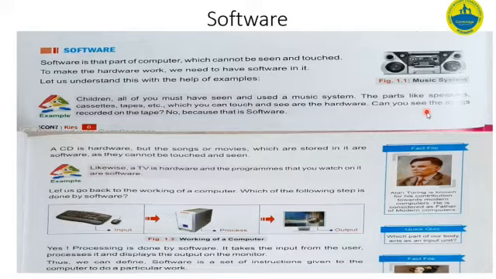When you touch your monitor with your hand, you are touching the monitor screen, not MS Paint. So the parts of the computer which you cannot touch are called software, and the parts which you can touch are called hardware.